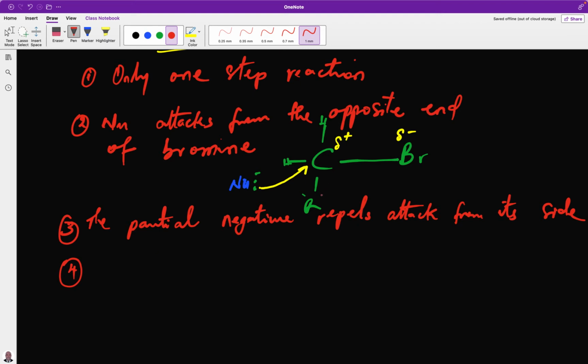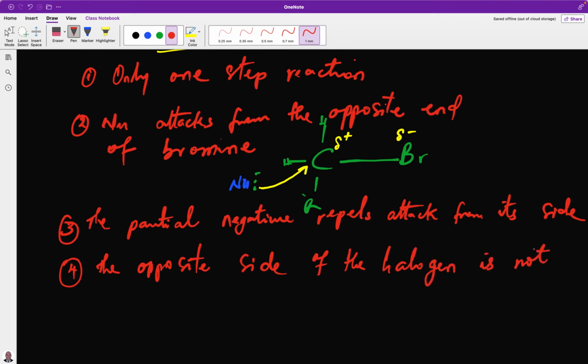The opposite side of the halogen is not bulky, or is not clustered with alkyl groups.